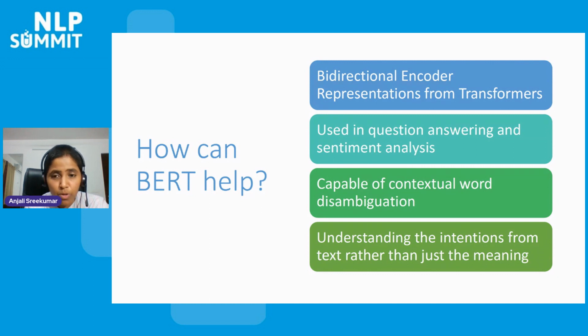They're very capable of understanding the contextual meaning of intentions rather than just the meaning of the text by itself. Rather, it uses the context in which the conversation is fitting and helps decipher the real intentions of the customer conversation.